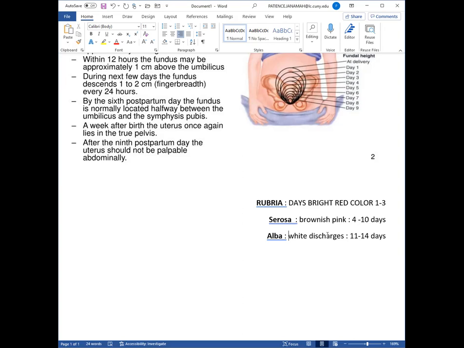So if the mother is not breastfeeding, they should expect their normal flow in 1 to 2 months. But if the mother is breastfeeding, it delays ovulation and menstruation. It will usually take 3 to 6 months before they start having their normal period, in breastfeeding mothers.